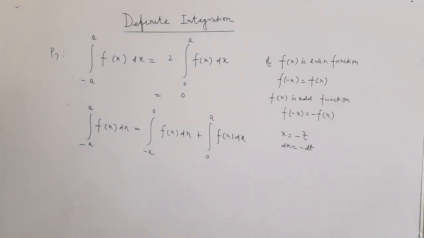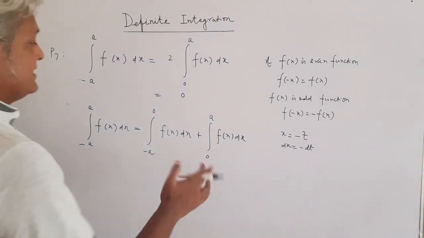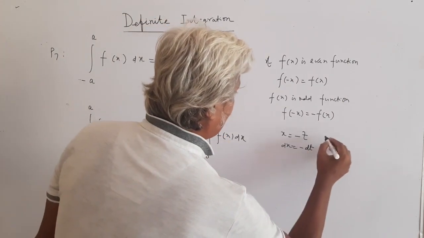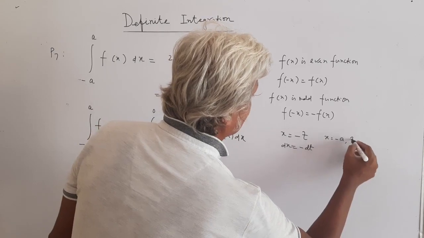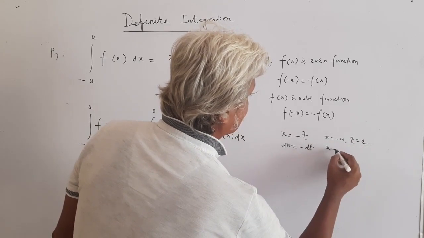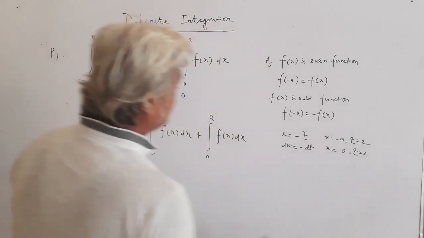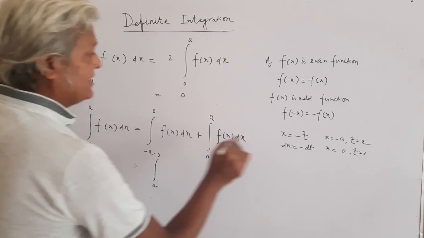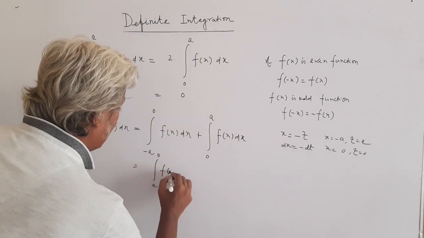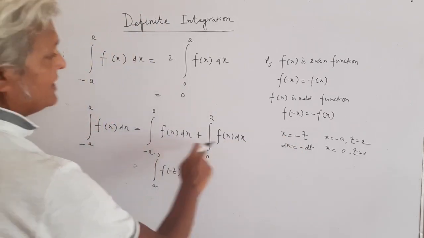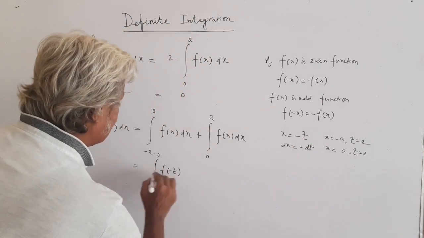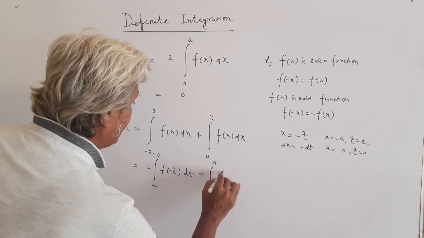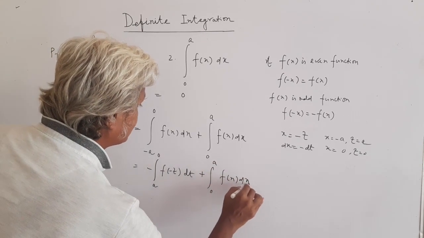If x is minus t, then the minus x will be t. So here I change the limit also, because if x equals minus a, then t equals a, and if x equals 0, then t also becomes 0. So this becomes a to 0, and in place of x you write minus t. So f(minus t), and in place of dx you write minus dt. So I write minus here, dt here, plus the integral from 0 to a of f(x) dx.